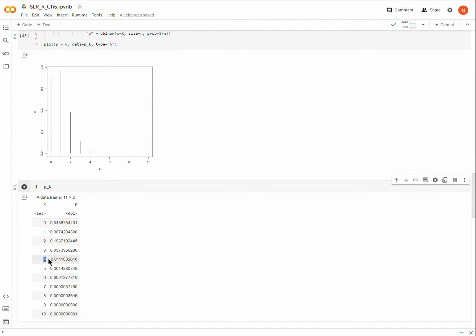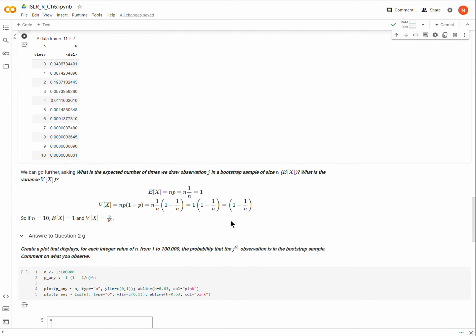The probability of it being 4 times is about 1%, which makes sense. So we can even go further and ask: what is the expected number of times that we expect j to be in our sample of size n? In other words, what is the expectation of x? And we can also find the variance of x.